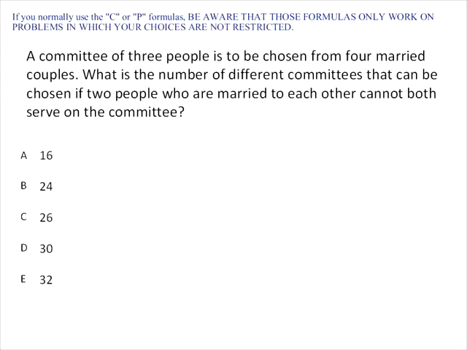In this case, if you have a restriction, such as two people who are married to each other cannot both serve on the committee, this is going to render those C and P formulas invalid. You're not going to be able to use them because of this restriction.